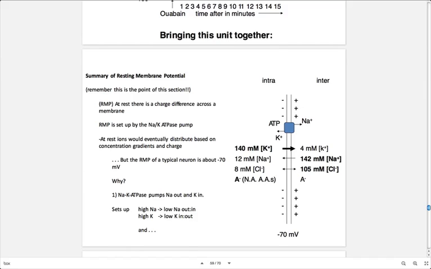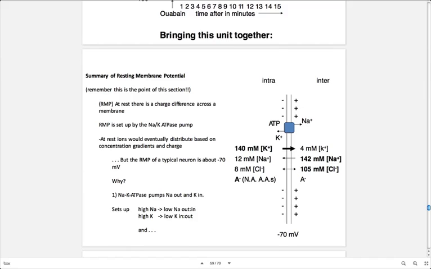They're going to be different a little bit in different systems, sometimes wildly different, as we'll see. A is just my abbreviation for anion. So you have a lot of negatively charged anions in the cell, like amino acids and nucleic acids that aren't permeable across the membrane. And those actually are balanced out by chloride.